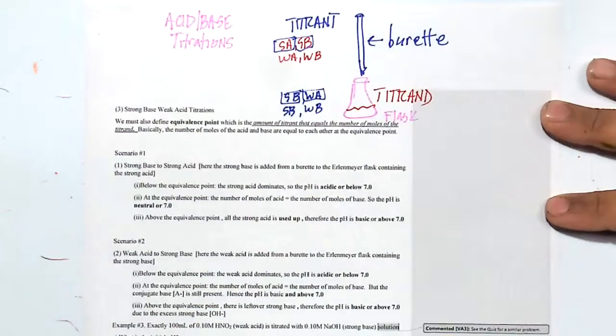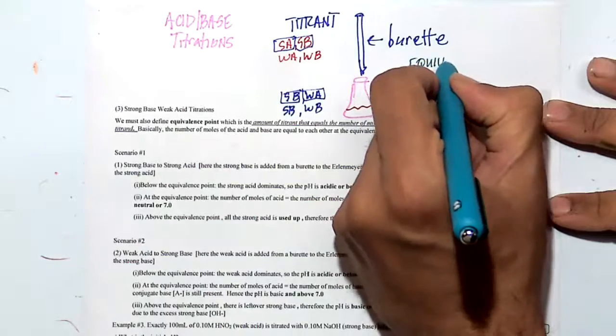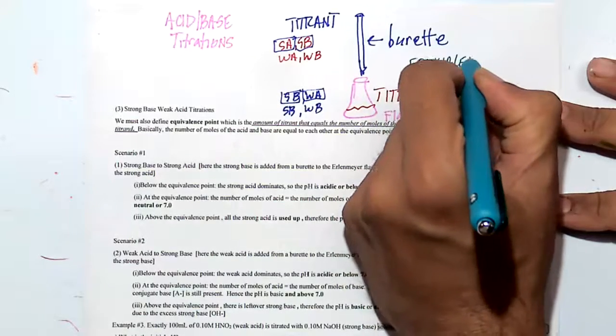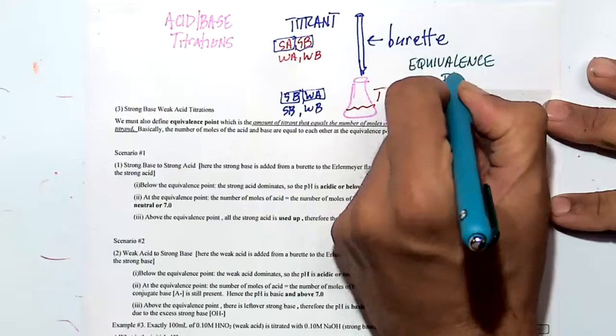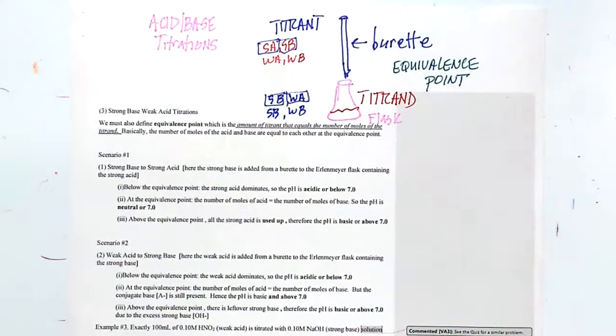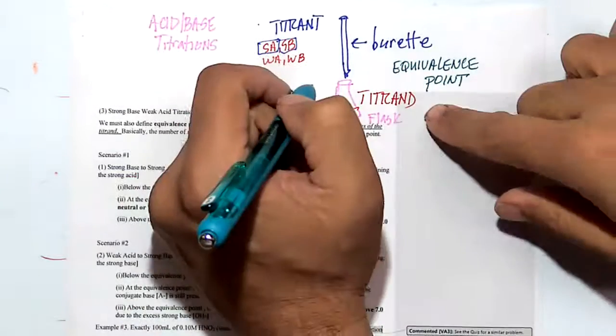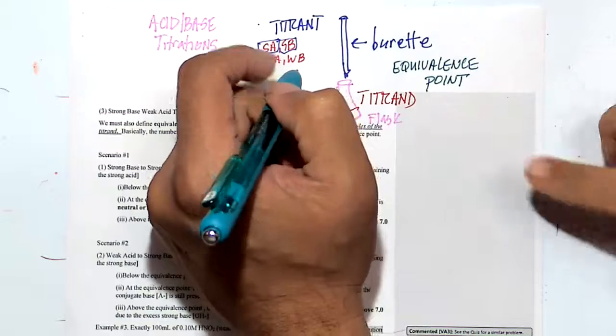There is another term that I want you guys to know, and that's called equivalence point. That is when these two, titrant and titrand, are equal to one another.